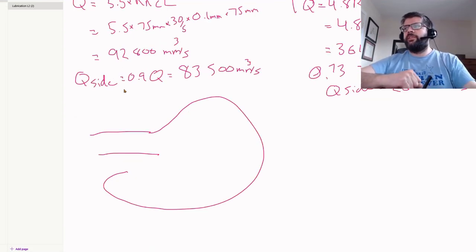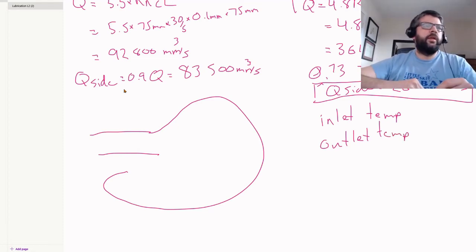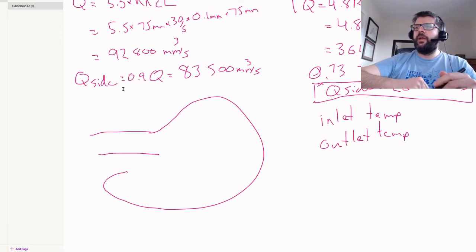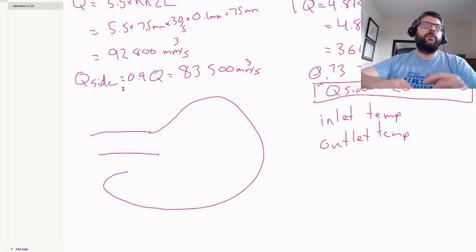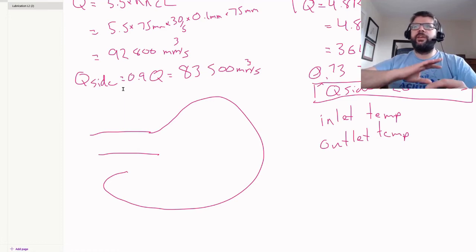So we've got a certain amount of side flow, and we have an inlet temperature, and we have an outlet temperature. And the average value of the temperature of the oil in the hydrodynamic wedge is 82 degrees.